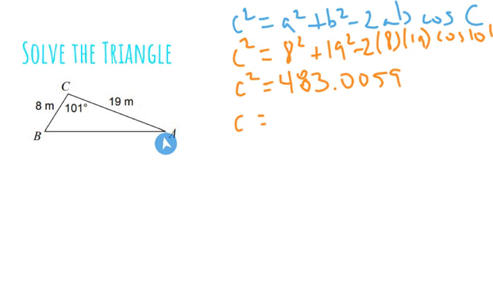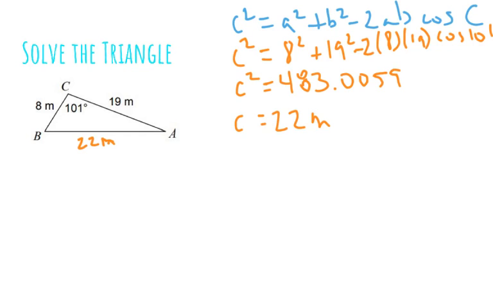Even if I'm walking backwards, I'm not walking a negative distance. I'm still walking a positive distance. So when I take the square root, I get a positive number. I'll round it to the nearest whole number, and I get 22 meters. So I know that my C is 22 meters. Oops, that's an M. Beautiful M. All right.